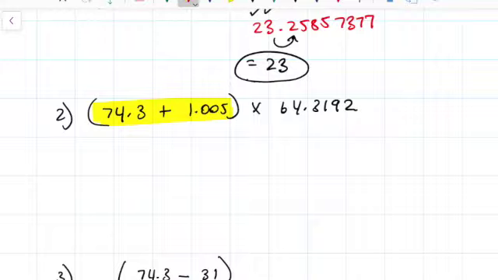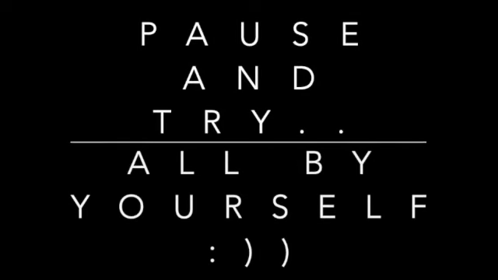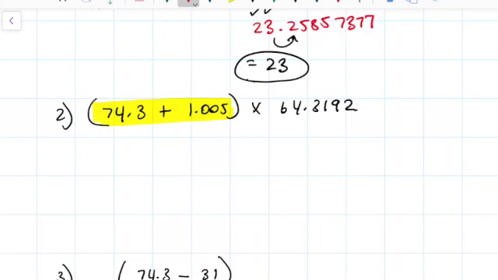So let's do this one. 74.3 plus 1.005. When you do this, you get 75.305, but this is addition, and I have 1 decimal place here and 3 decimal places here, so I can only have 1 decimal place in my final answer for this section.